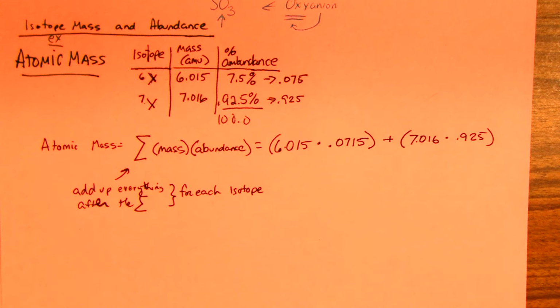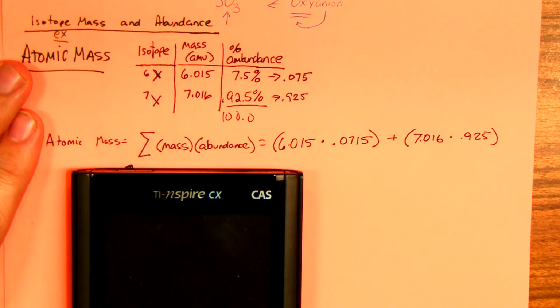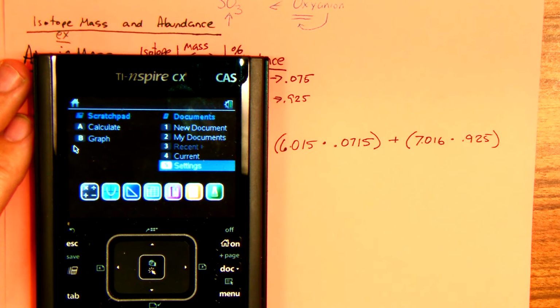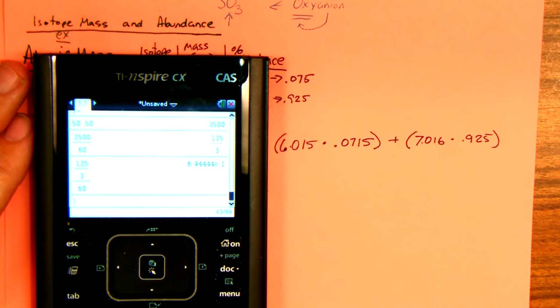And so I'll take 6.015 times 0.0715 in parentheses plus 7.016.